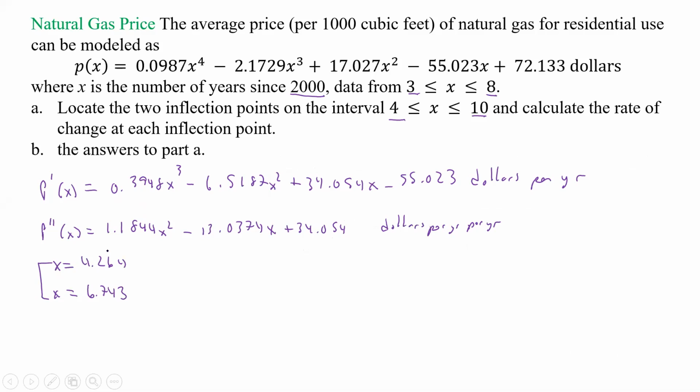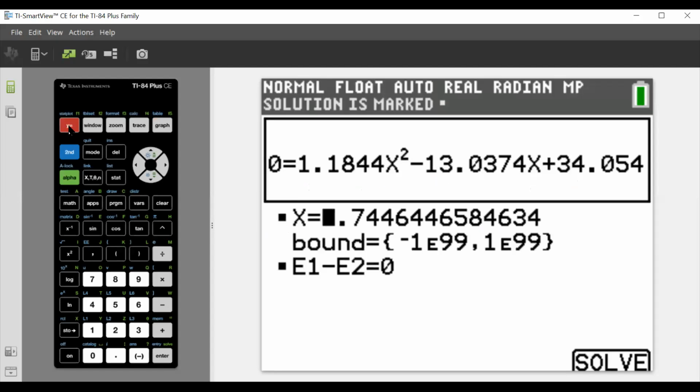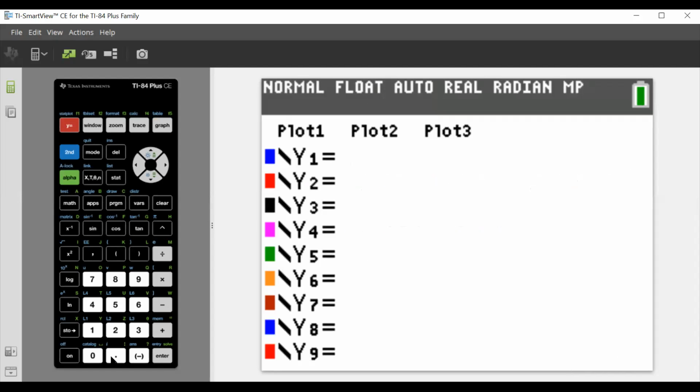So now we need to do the inflection points and all that stuff. The question is, is it going to be quicker to type this in and have it do it all itself, or quicker to type it all individually? I think it's going to be easier to type it in by itself, so we're just going to do that.